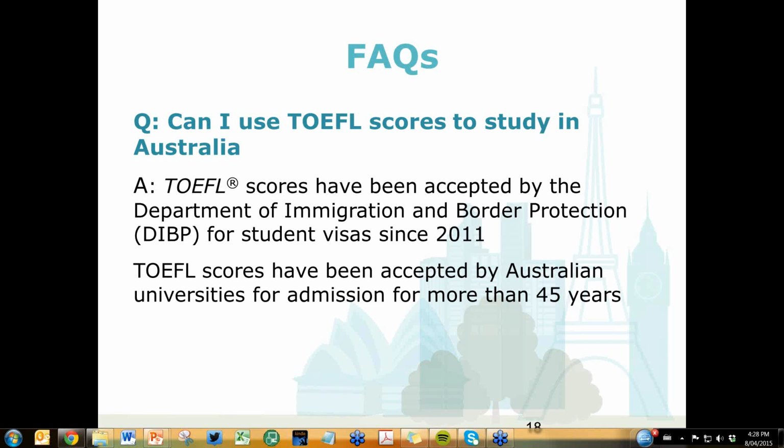A different range of TOEFL scores have been accepted by universities for over 45 years. And again, if you look at a website for a university or higher education institution, you'll see a range of TOEFL scores, including the computer and paper-based tests. But the majority of students that are hoping to use a TOEFL score should be coming with a TOEFL iBT score.